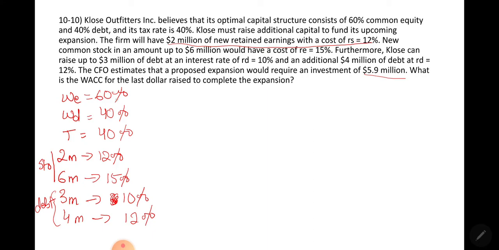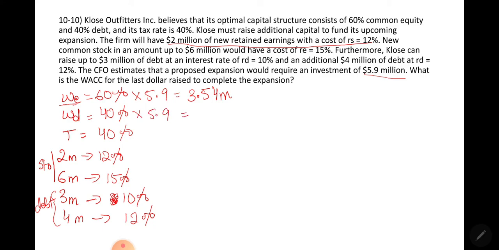We know that 60% of this 5.9 million will be through equity. So 60% of this 5.9 million means that the total amount that will be raised through equity is 3.54 million.